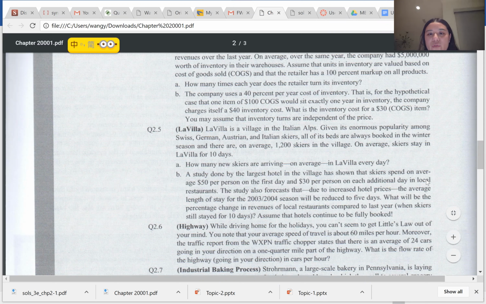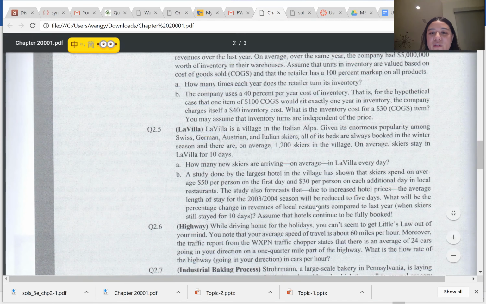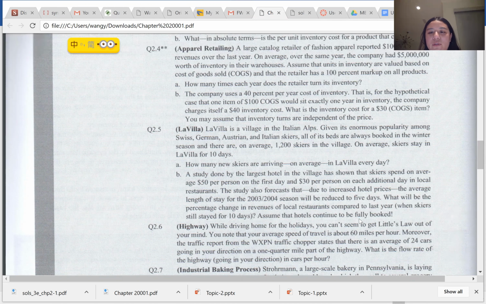The study also forecasts that due to increased hotel prices, the average length of stay for the new season will be reduced to 5 days, because the old one is 10 days. What will be the percentage change in revenues of local restaurants compared to last year? Last year is when skiers still stayed for 10 days. Assume that the hotels continue to be fully booked.